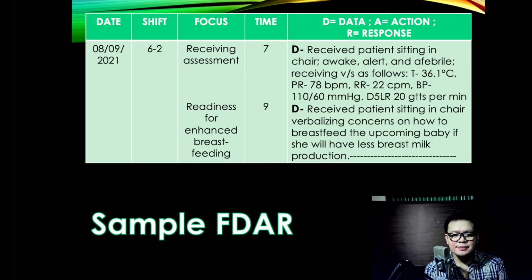The receiving assessment states here, in past tense: patient sitting in the chair, awake, alert, and afebrile. Received vital signs as follows: 36.1 degrees centigrade, pulse rate 78 beats per minute, RR 22 cycles per minute, BP 110/60 mmHg, with D5LR at 20 drops per minute.